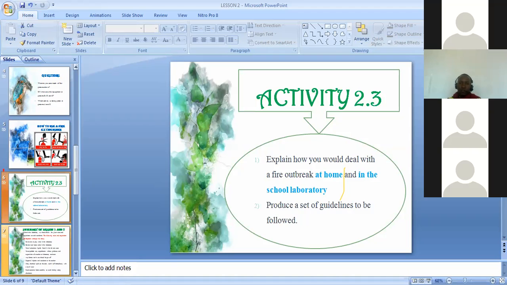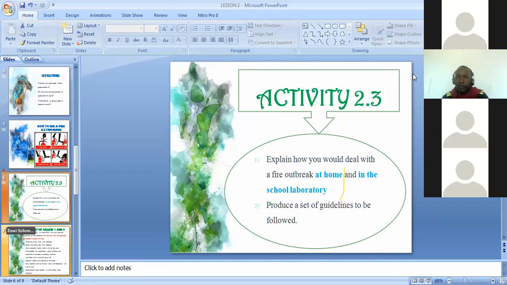We can try to discuss this question here, such that by the time you go and write, you know what to write, and you know the sequence of steps you have to follow to come up with such an idea. So in case you have a fire outbreak at home, Pretty, how are you going to deal with it?